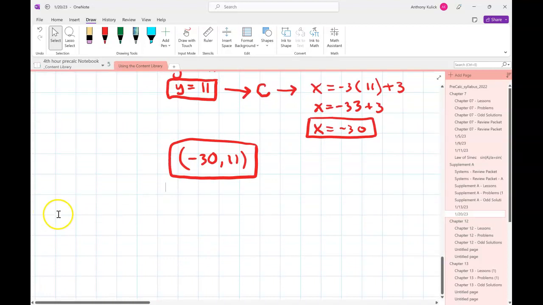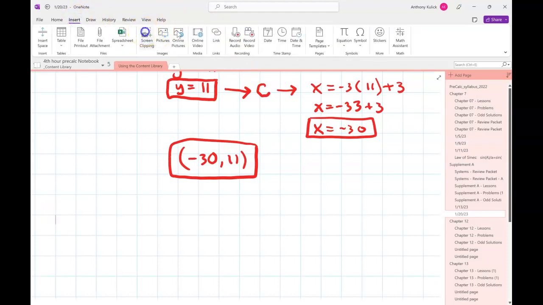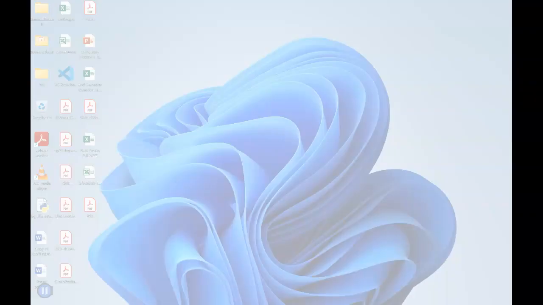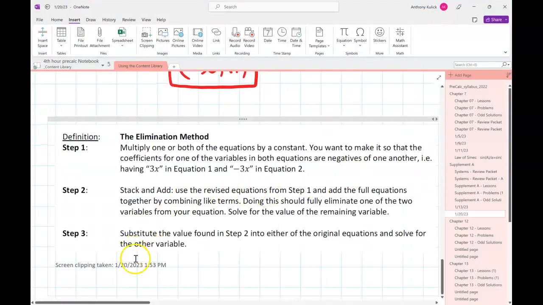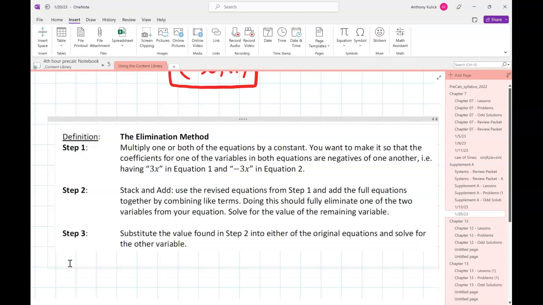The other technique that we're going to talk about is called elimination. In the elimination process, again, we're going to pick a variable to eliminate. It doesn't matter whether we choose x first or y first.